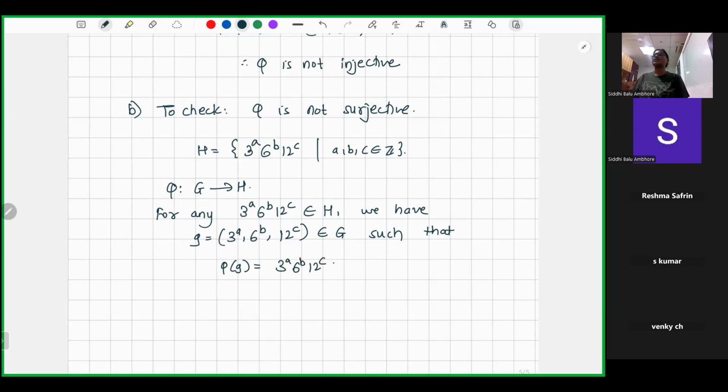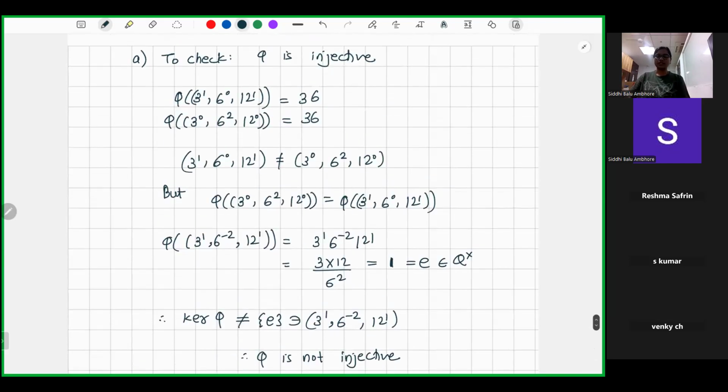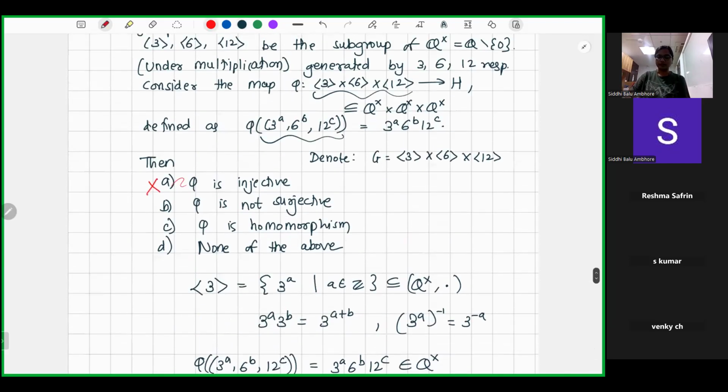So it is surjective. So the statement that phi is not surjective is again a false statement.